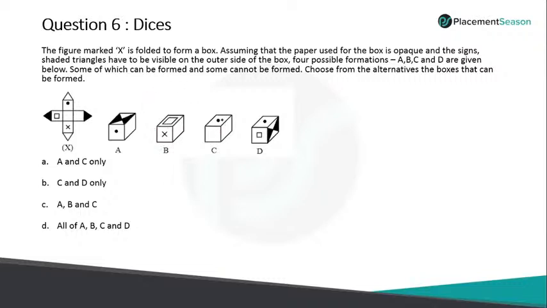The third one, I'll take the top face as dot, which is this one, right? They have given left and right 2 empty faces. This is possible if I consider this corner and this edge: top can be dot and left and right can be these 2. This is also possible.